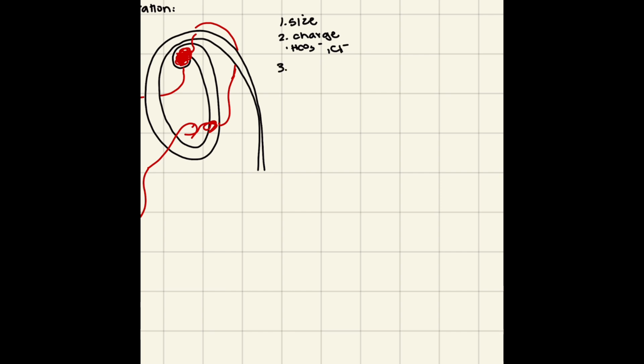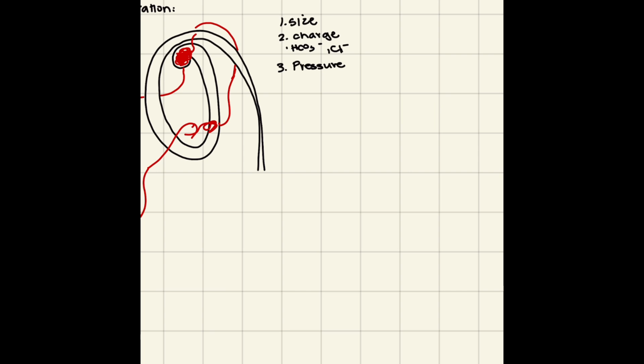And then the other thing is pressure. If we have a really low pressure, we're going to filter less because we're not pushing on the membrane as much. But if we have a higher pressure, then it's easier to filter.